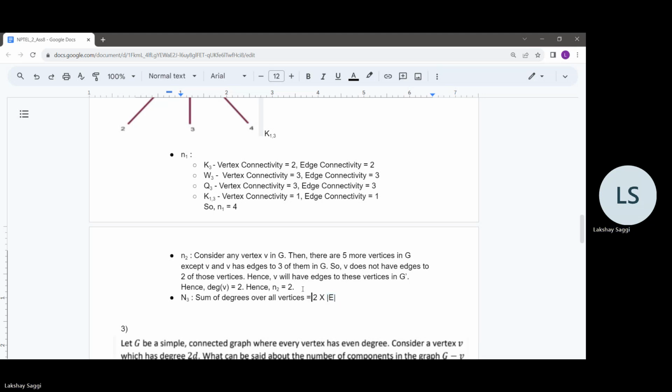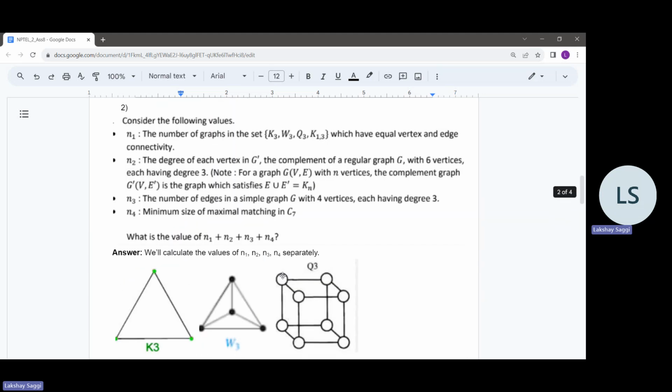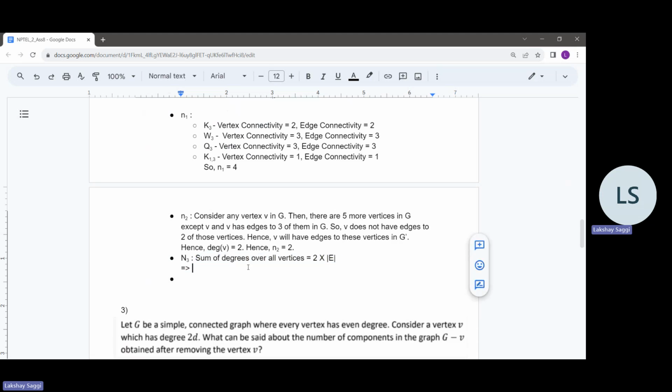So this implies that the sum of degrees over all vertices, there were 4 vertices and all had degree 3, so this sum will be 4 times 3, which is equal to 2 times the number of edges.